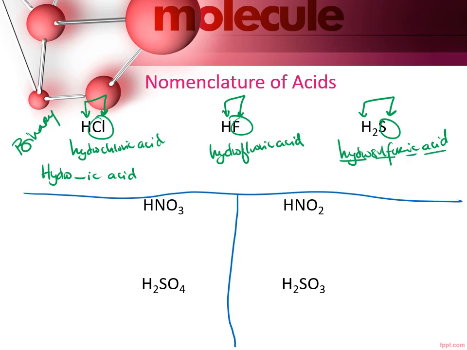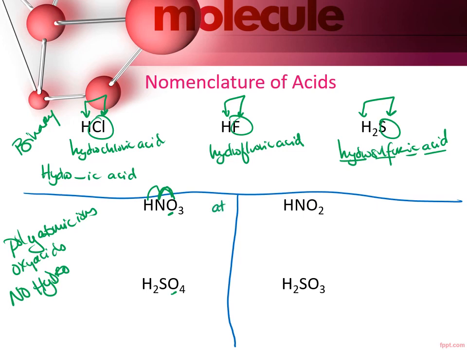If I have more than 2, hydrogen and 2 other things, now I'm looking at my list of polyatomic ions. We're going to call these oxy acids because they're always going to have some oxygen in them from the polyatomic ion. No hydro, no more hydro. Polyatomic ions that end in ate turn into ic acids. Polyatomic ions that end in ite turn into ous acids.